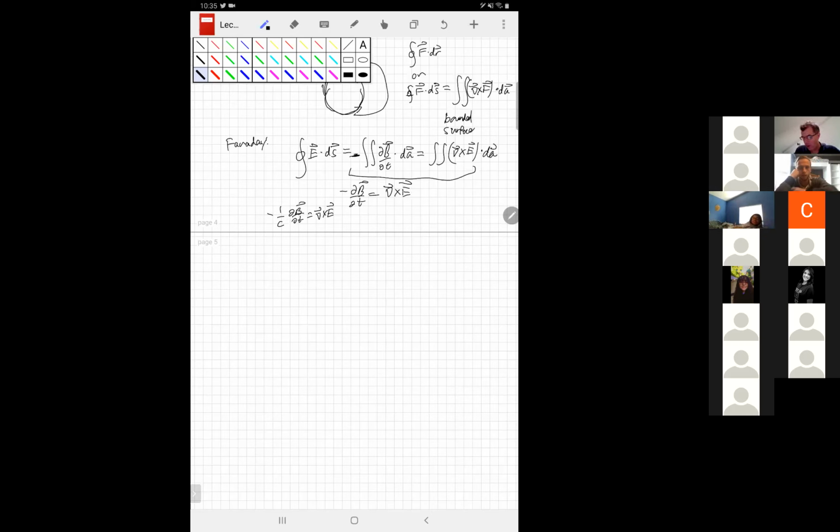You're a little more mature because now you've got 1 over length multiplying the field on both sides. You've got 1 over C dt. C dt has units of length. And then the curl has units of 1 over length because you're taking derivatives with respect to X, Y, and Z.